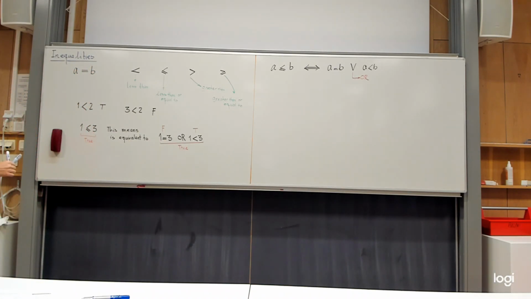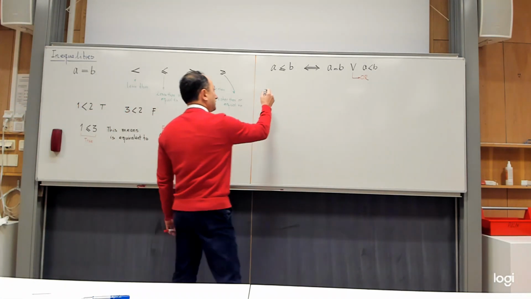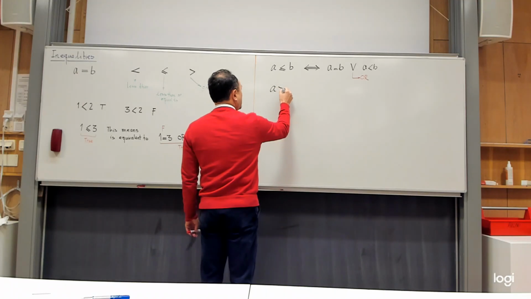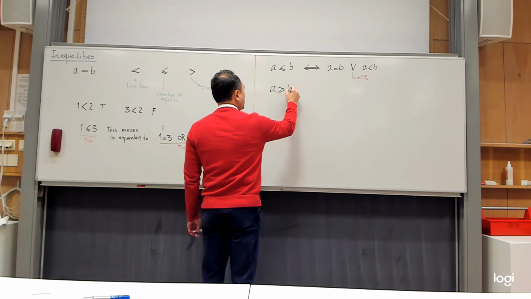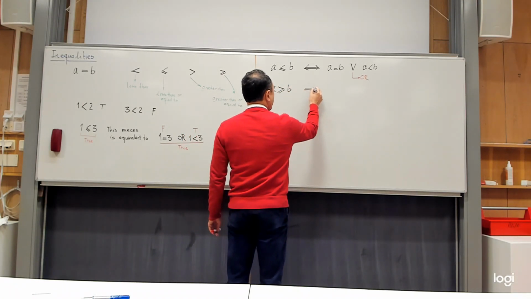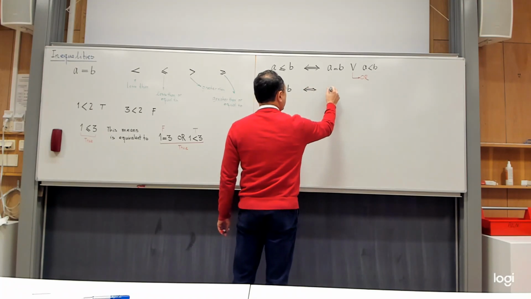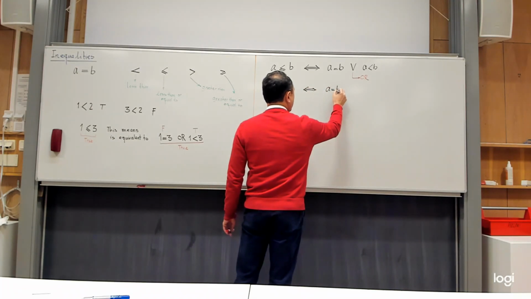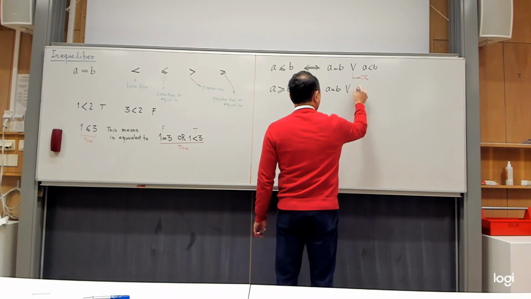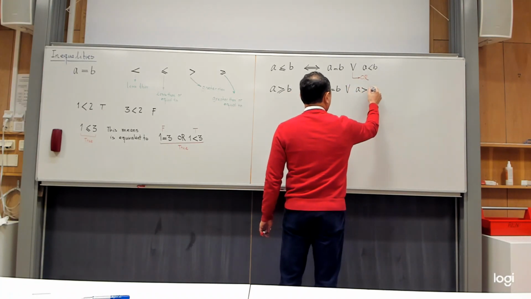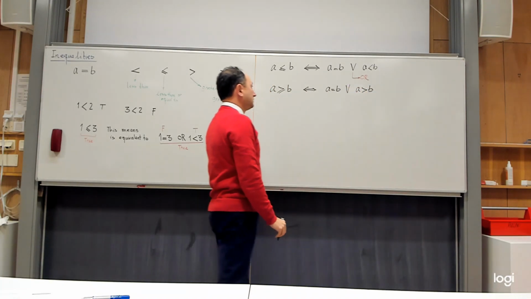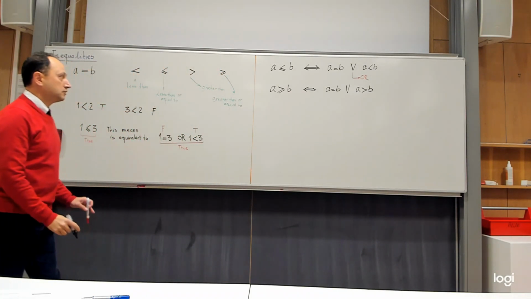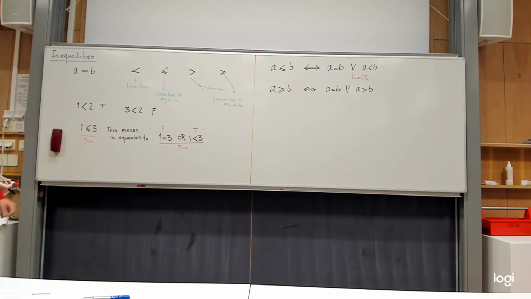Yes? This is something that you need to know. We can translate the other way around too. What is the meaning of A is greater than or equal to B? This is equivalent to saying that either A is equal to B or A is greater than B. These are things that we don't mention anymore, we are just using them.